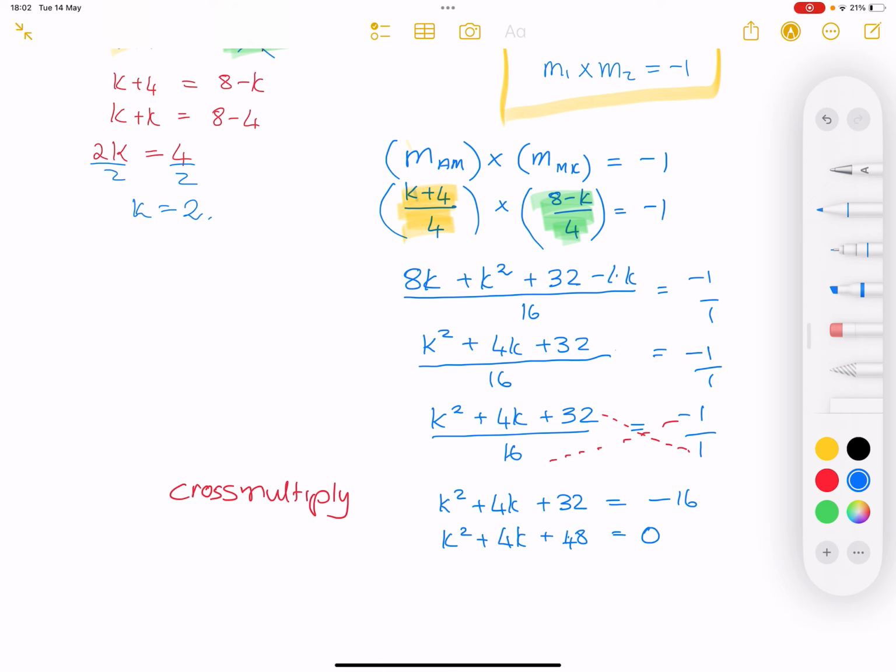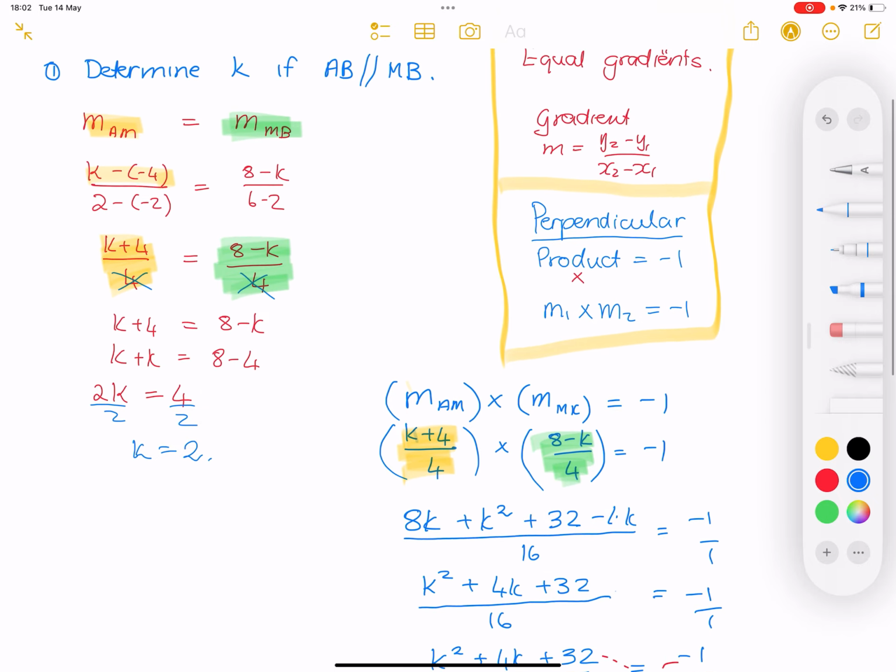Worksheet 9A. Oh, that's worksheet 9B. K is 2, that's what we got in the previous one.